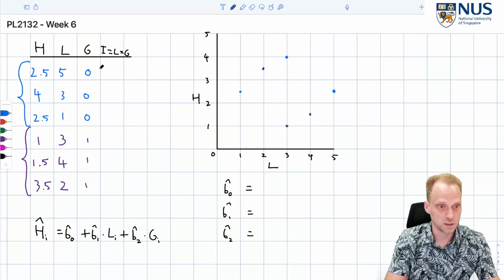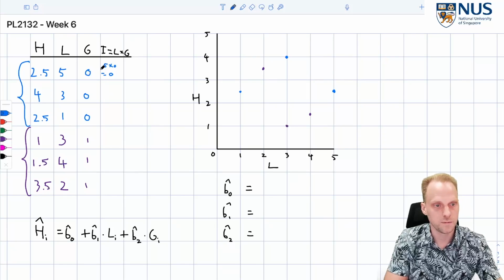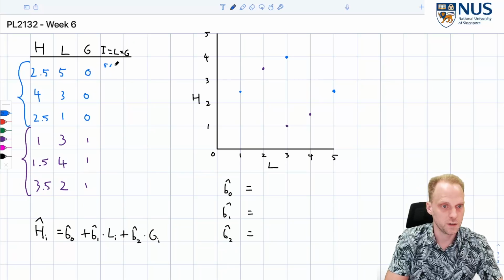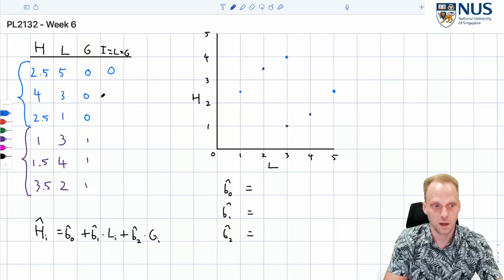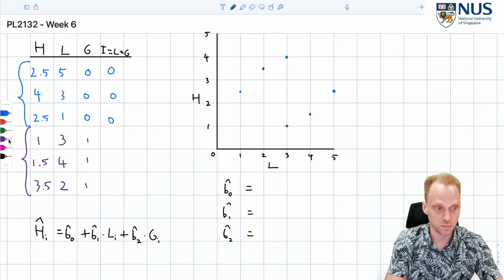So in this case, 5 times 0 equals 0. So I draw here a 0. In this case, 3 times 0 is 0. And we can see actually that all these values for the hamsters will become 0.